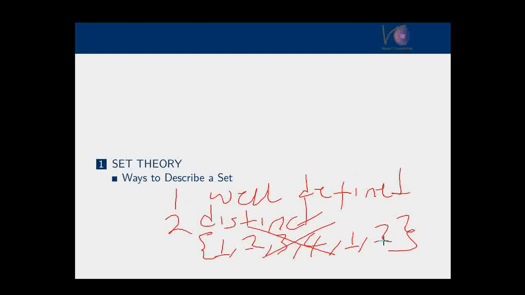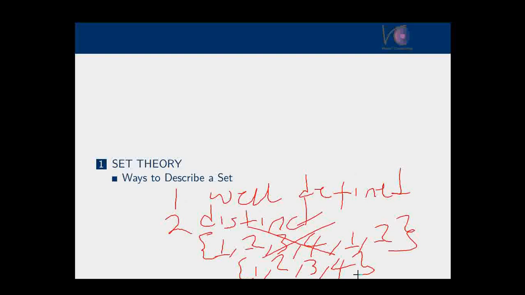For it to be called a set, these elements must be distinct: the 1 appears once, the 2 appears once, and you have a 3 and a 4. That defines what a set is.